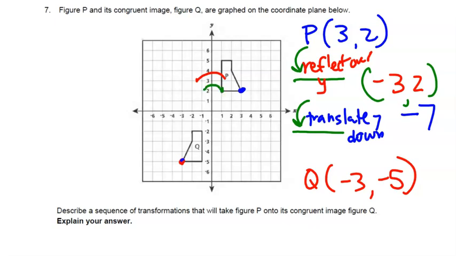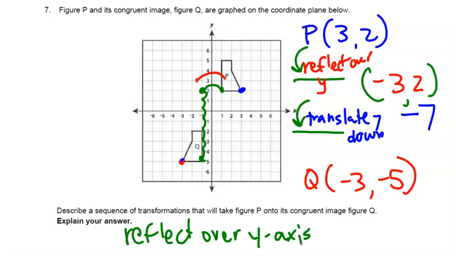Reflect it over the y-axis, and then 1, 2, 3, 4, 5, 6, 7 units down. It's a match. So we would write reflect over y-axis, then translate 7 down.